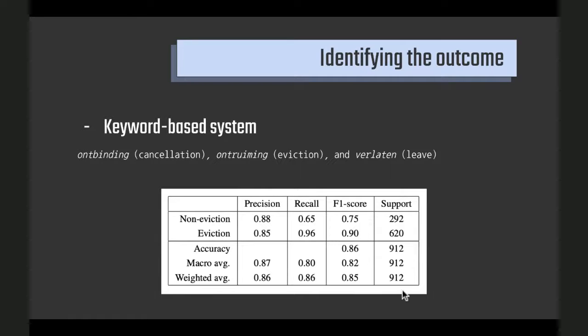But unfortunately, as much as we tried, it's very hard to get a higher score. Basically, the only thing you can do is come up with better keywords. And we tried a lot of different things, and this is the best we could do.